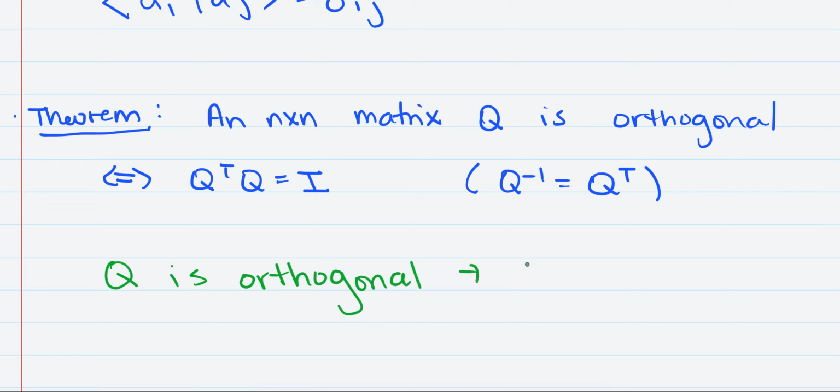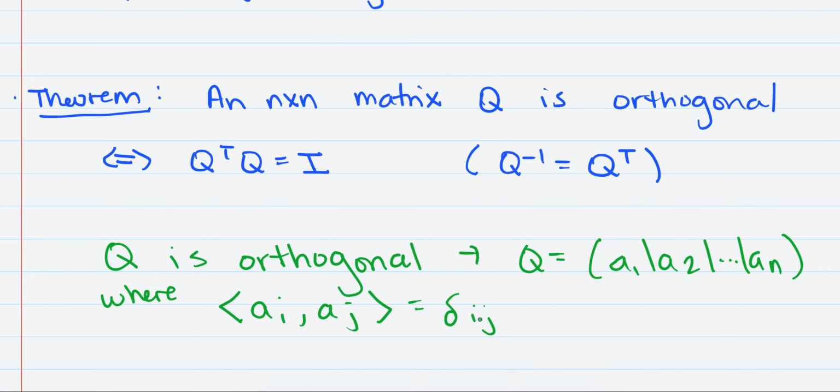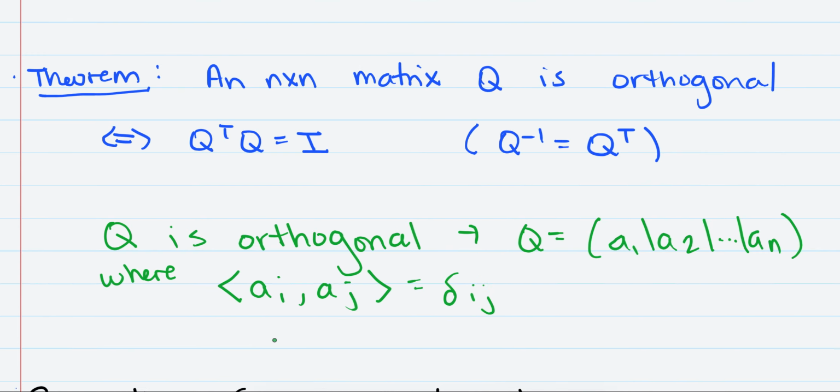That means Q is equal to A1, A2, to An, where the inner product of Ai with Aj is delta ij. But what is the inner product? That's Ai transpose times Aj is delta ij.